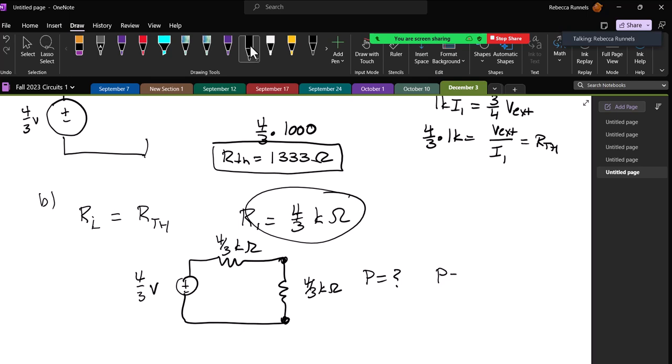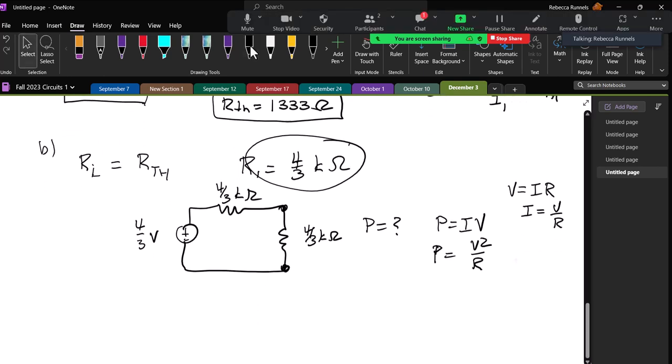Well, power equals IV, and I know that V equals IR, or I equals V over R, so power also equals V squared over R. The reason I wanted that is I know what the voltage is across this resistor, because these two resistors are equal.